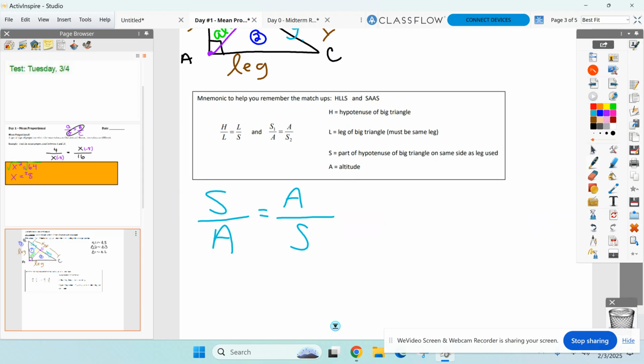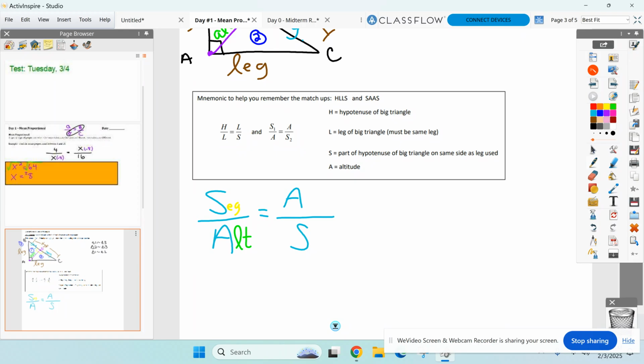S stands for one of the segments. Whatever the segment length is, we plug in for this first S. A: there's only one thing up there that starts with A, and that would be the altitude. So whatever the altitude length is, we plug that in for A.